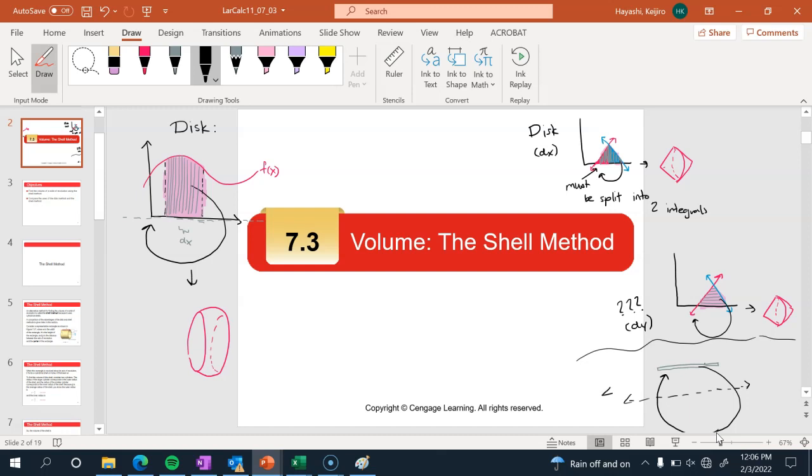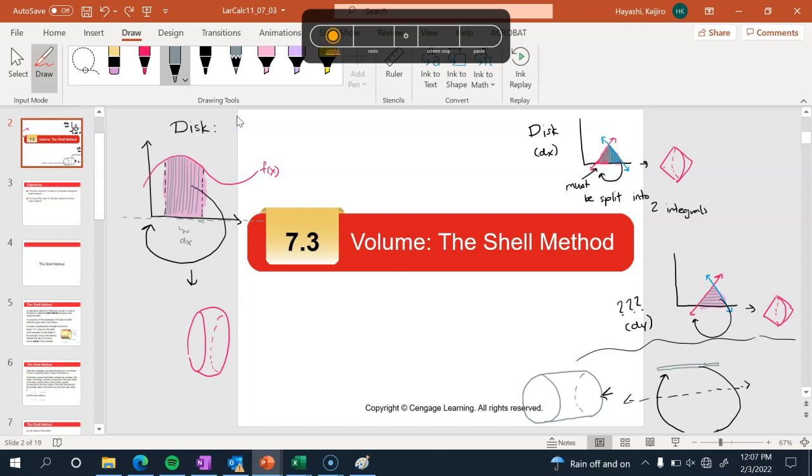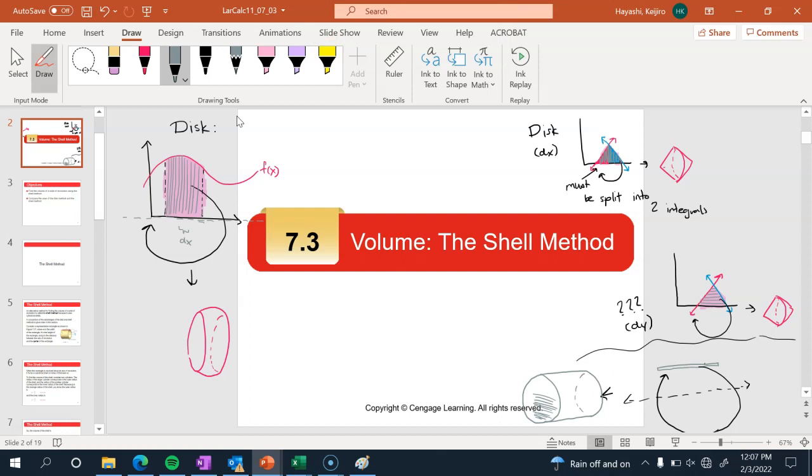The shape that makes is going to be this sort of shape. A hollow tube. Just a tubular shell that's empty on the inside.